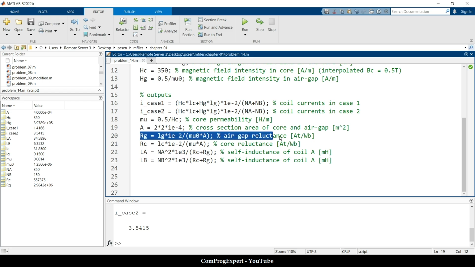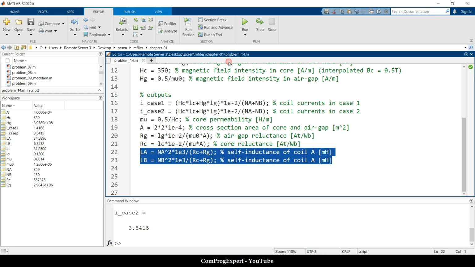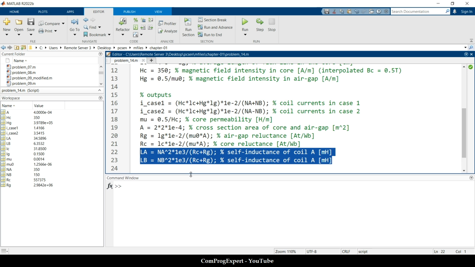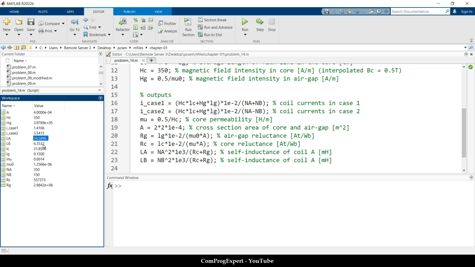This is the reluctance of the gap, and the reluctance of the core, again for this level of the flux density that we have in the core. If we change the level of the flux density, the value of inductance changes. And here I calculated LA and LB in millihenries. So if I run the code, as you can see, we have LA and LB, right? These two numbers: 34.6 millihenries, and LB is 6.3 millihenries.